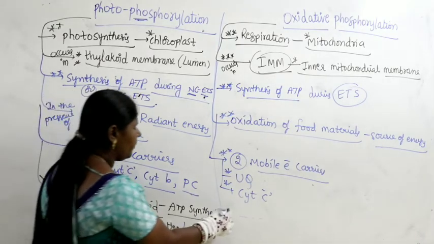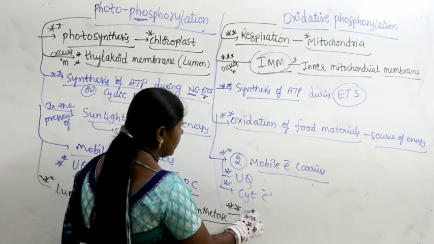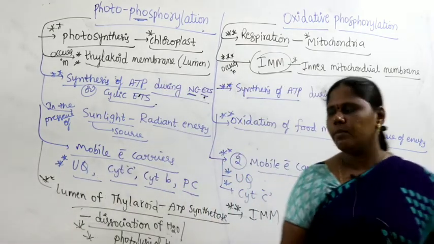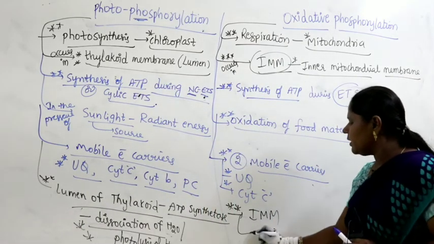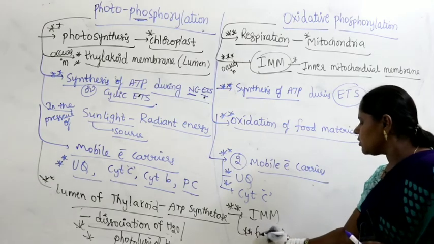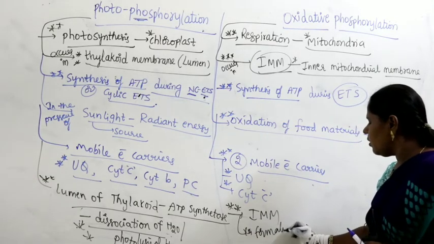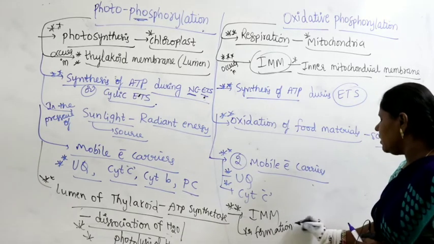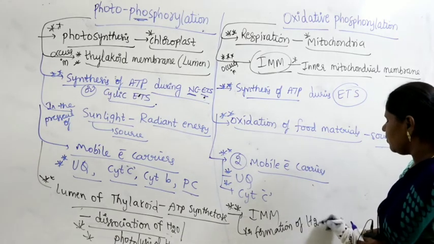Whereas where does this happen? This happens in the inner mitochondrial membrane. What happens here is the formation of water. There is a dissociation of water in the other case, but here there is a formation of water.